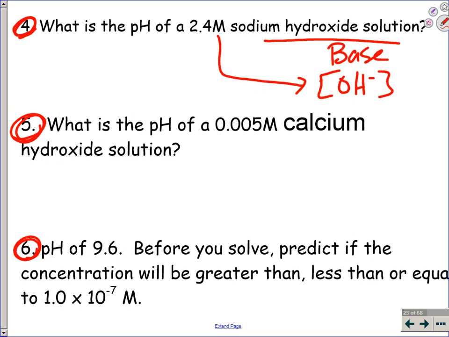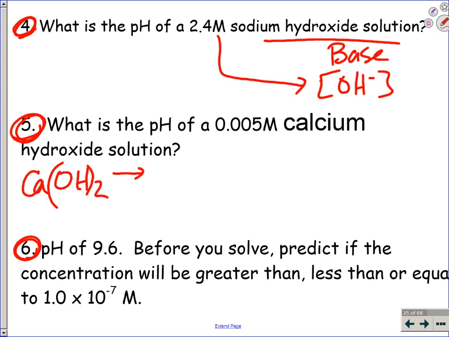On the next one, write down calcium hydroxide's formula. Work with me for a minute. Calcium hydroxide is Ca(OH)2, with parentheses, okay. What's so special about this one? It has the 2 as a subscript, so it actually makes double hydroxide.